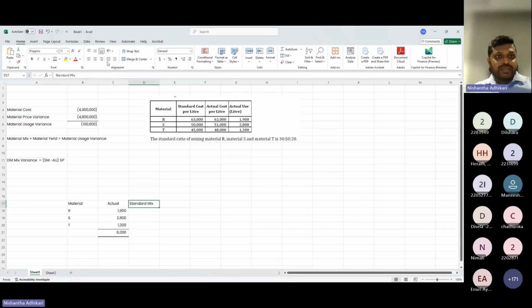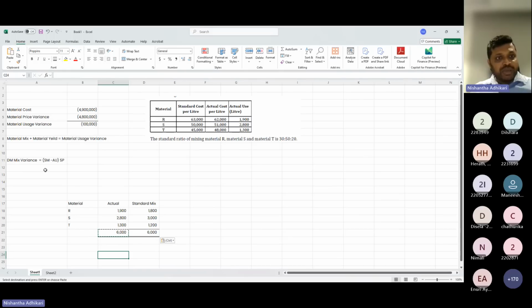The standard ratio of mixing materials R, S, and T is 30 to 50 to 20. Therefore, out of the 6000, 30% should be R, 50% should be S, and 20% should be T. If you take the total, it will be 6,000. This is the standard mix.